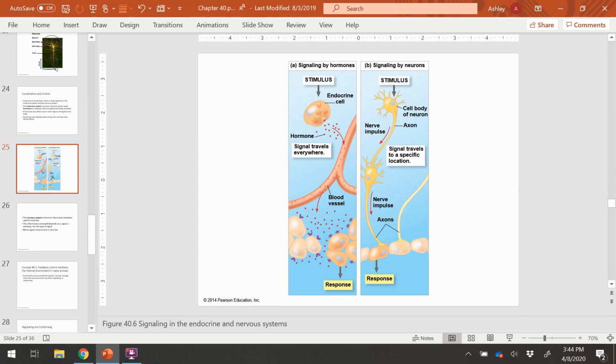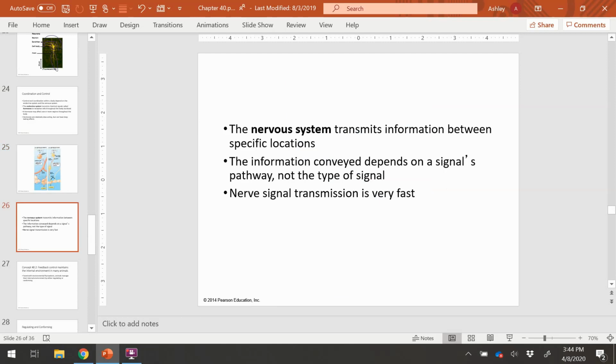Then the nerve impulse travels down through the axon to a specific location and generates a response. That's how nervous system signal transmission is so fast. It happens in a matter of seconds or a fraction of a second. The information conveyed depends on the signal's pathway, not the type of signal it is, like the hormone in the endocrine system.